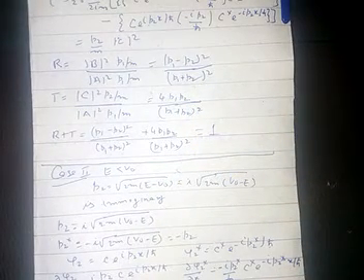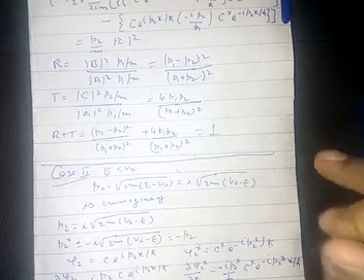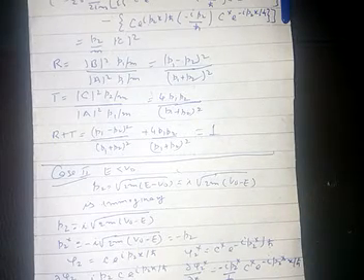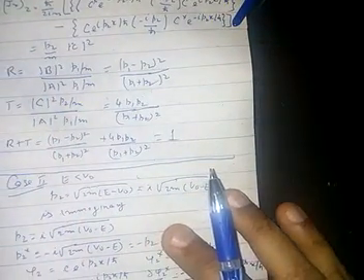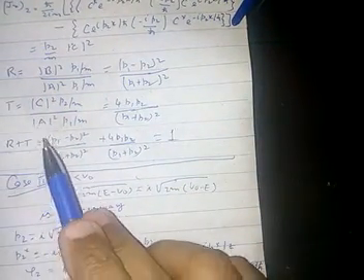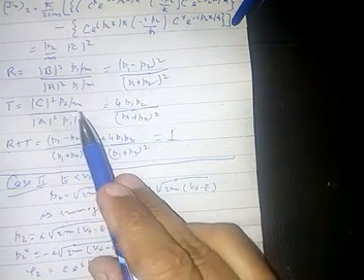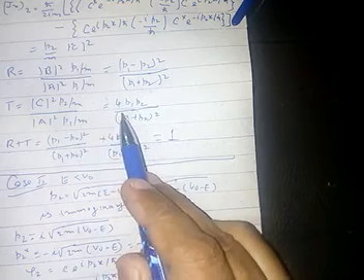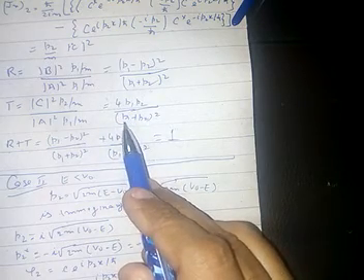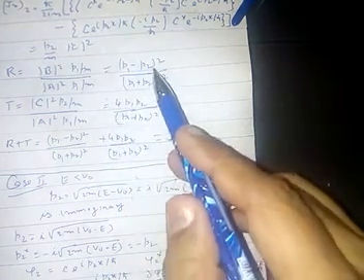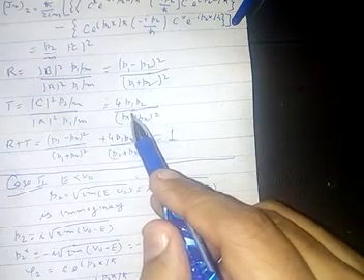And the transmittance T will be equal to the magnitude of transmitted current upon the magnitude of incident current. So this will be equal to C squared into P2 upon m, upon A squared into P1 upon m. So this will be equal to 4P1P2 upon (P1 plus P2) whole squared. So this will be the value of R, and this will be the value of T.